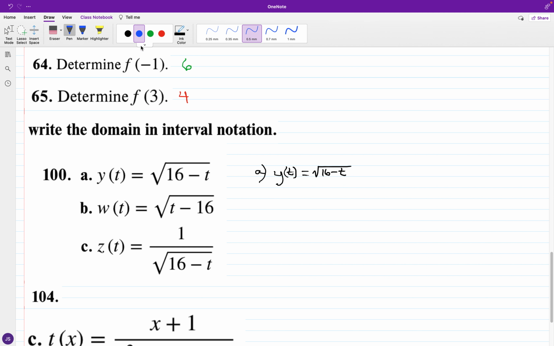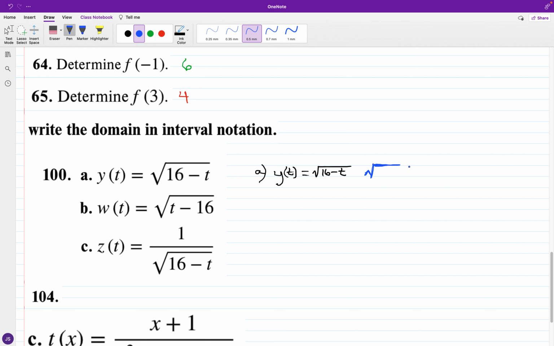So first of all, we have the square root of 16 minus t. In the real number system, if you have an even root radical expression, what is inside the radical cannot be negative.